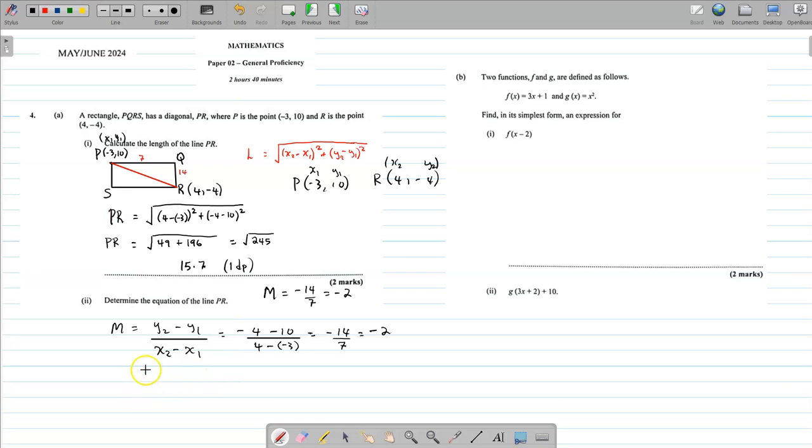Now, we want to write the equation of the line, so we can use this formula: y minus y1 equals m into x minus x1. So in this case, we would have y minus y1, where y1 is 10, equals m, which is the gradient, minus 2, into x minus x1. x1 here is minus 3, so x minus minus 3.